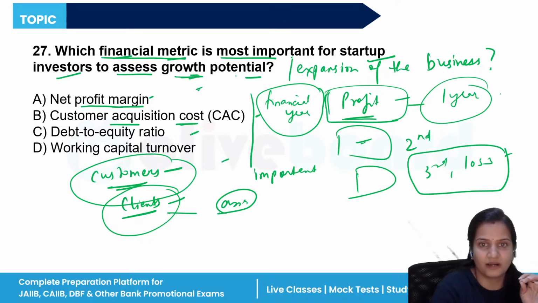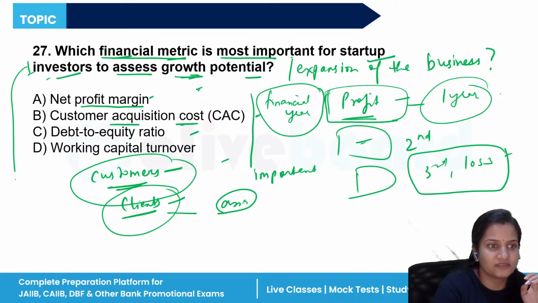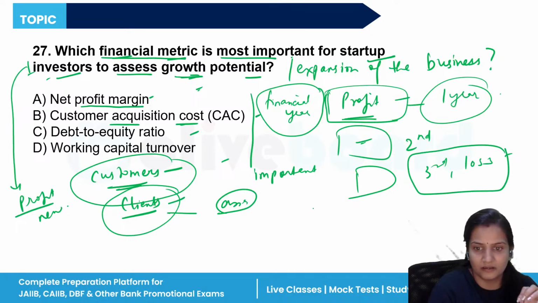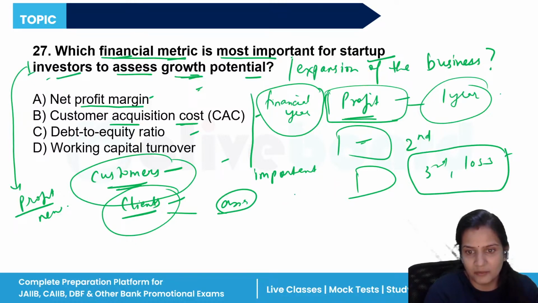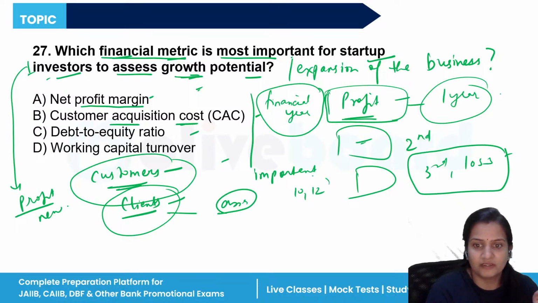That will assess the growth potential. That is the most important for the newly startup, because investors of a newly startup don't know about profit, since they are entirely new. Companies of 10 or 12 years can assess with the help of profit.